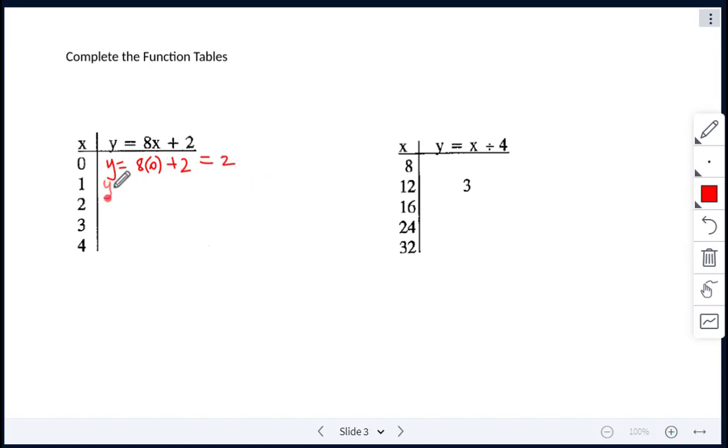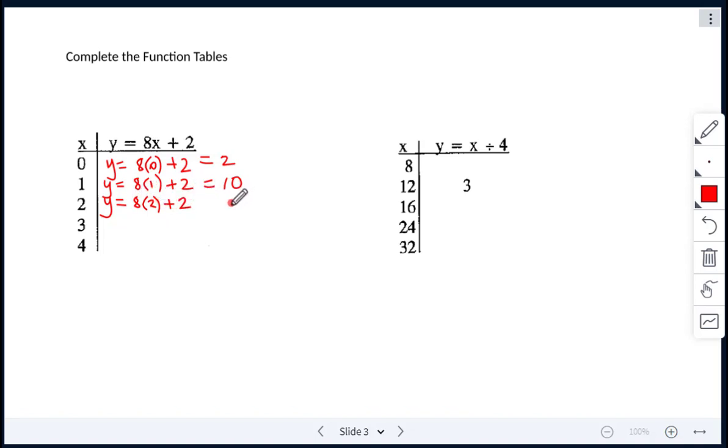Next, we have 1. So again, we're going to put that in to our equation. So this time we have 8 times 1, which is 8, plus 2, which gives me 10. Next, we have 2. So 8 times 2 plus 2.